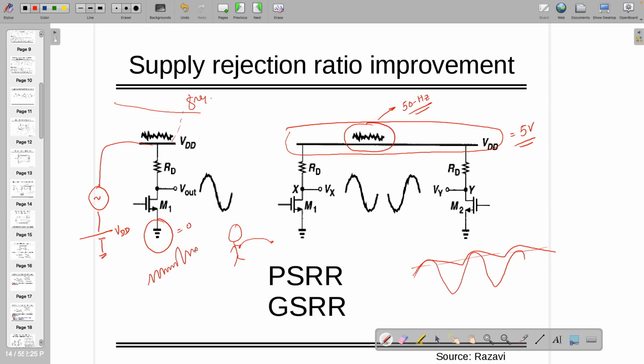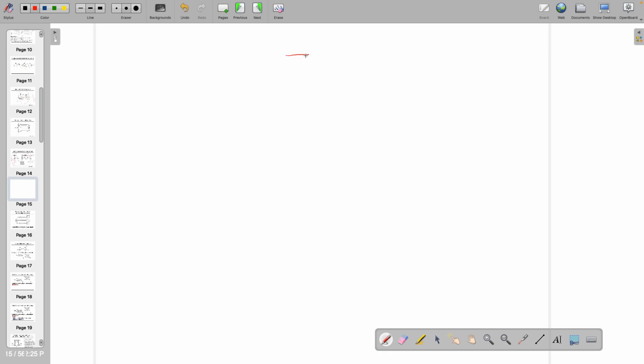It will be here and there, right? So that is also some AC on the ground. So this is what I was expecting, 0 volt here and VDD there, but on both sides extra signals are coming. Let's look at one example on that. You have to tell me the exact gain.